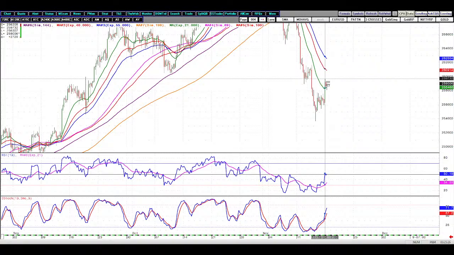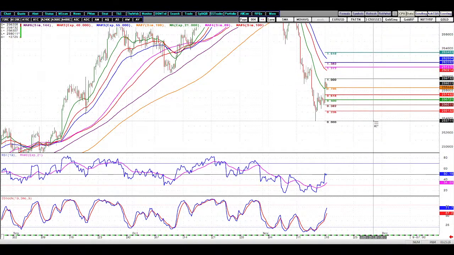I feel that 97 might break. If it breaks, then my price target would be towards the resistance at 2605, 2614 or even 20. So if I put a conservative exit, then I may want to exit at 2604.